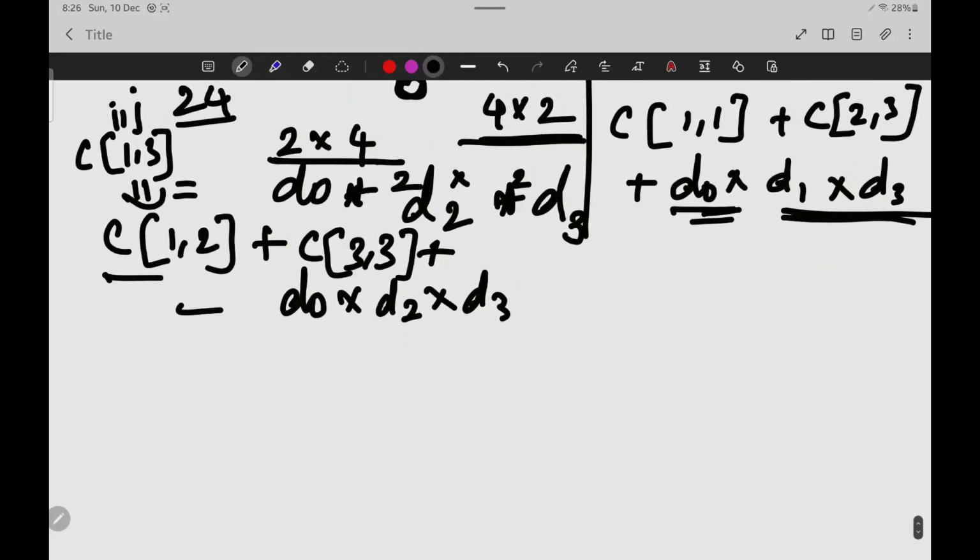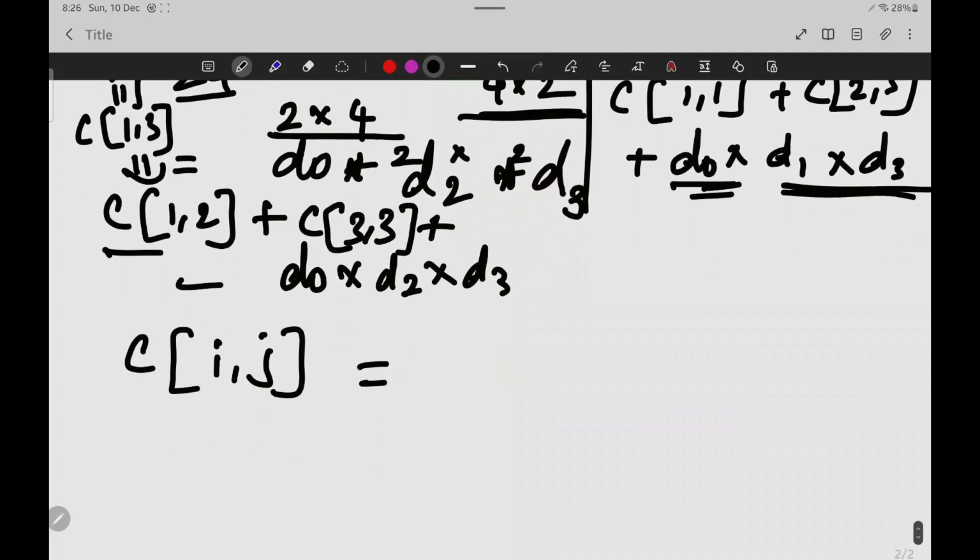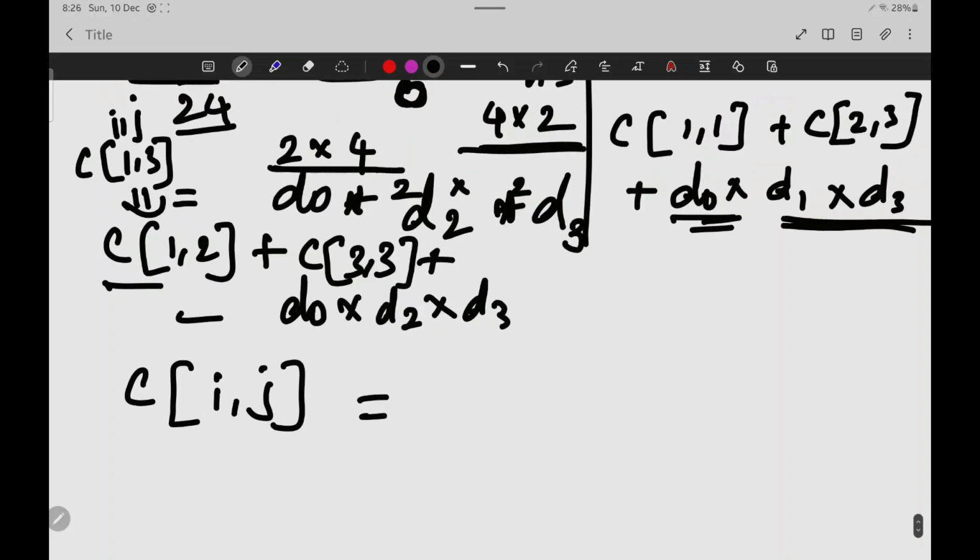So in general, how can we write the general formula? Suppose i, j is 1, 3. If we go for different combinations, we get different terms. This i will be the same, 1, 1, so we can write this as i. But here we have 2 and here we have 1, therefore this is somewhat different.